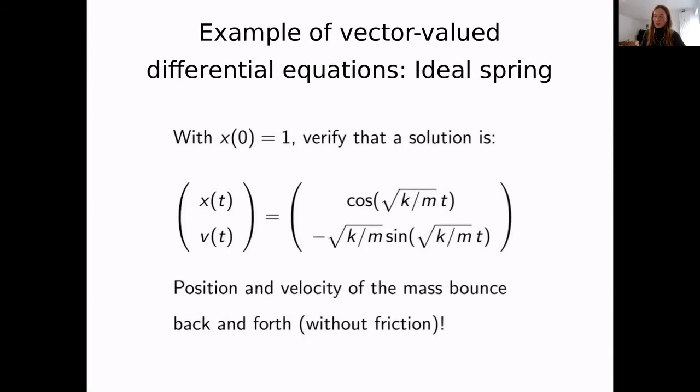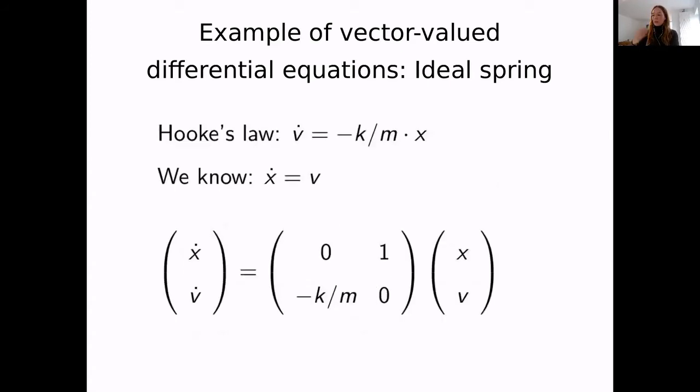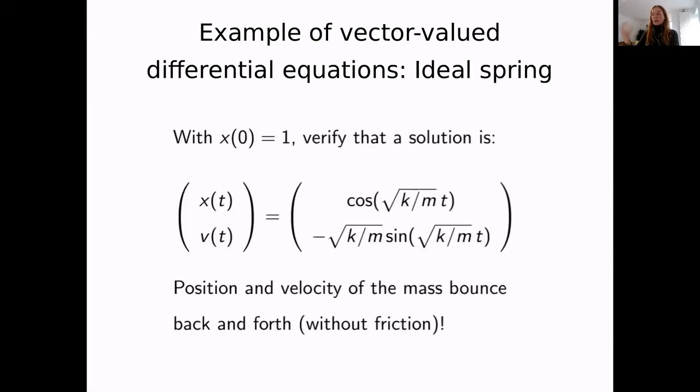Until you maybe stop it. And with friction, we would have a damping factor so that the oscillation decreases until it's back at its equilibrium point. We take a look at this later. But for now, this is how you can think about vector valued differential equations, and also that they have this kind of solution.